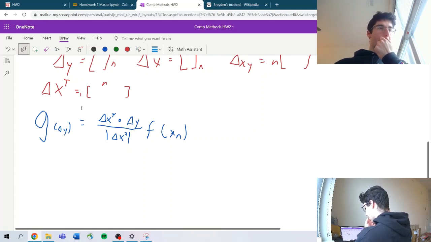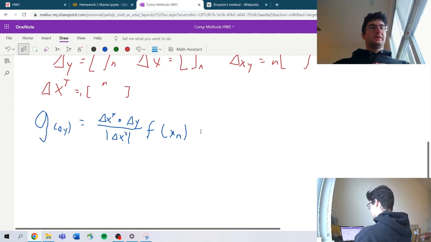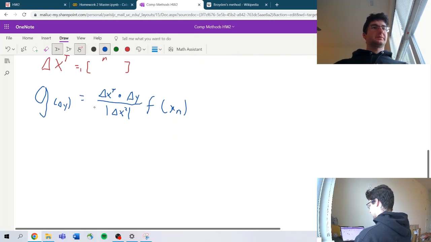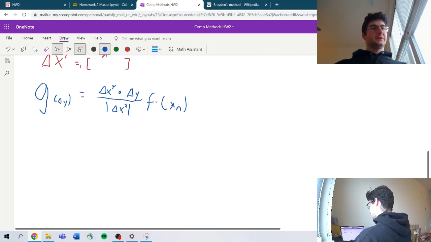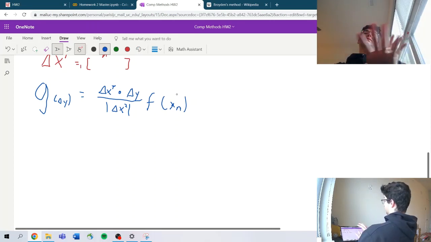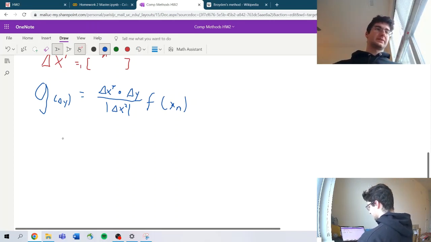From here, let's rewrite this a little bit. Let's erase this f, move this here and move this delta y out there, since now it's just simple matrix multiplication that is a little bit easier to rearrange and still makes sense.